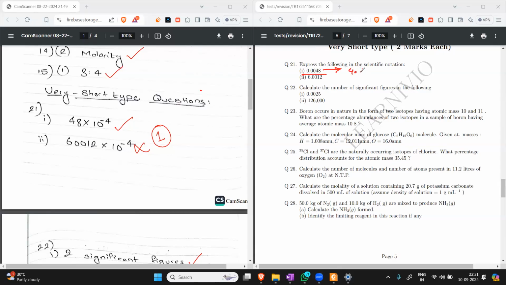This will be 4.8 into 10 to the power minus 3. 1 decimal, 2 decimal and 3 decimal. ये भी आपको गलत होना चाहिए. I don't know why they have selected it. ठीक है, similarly this one will be 6.